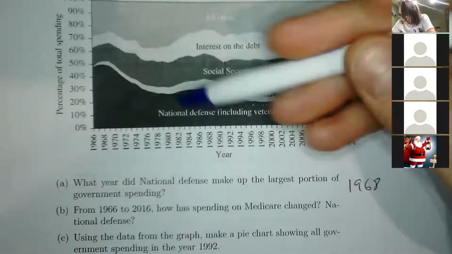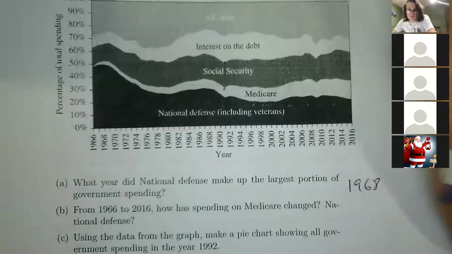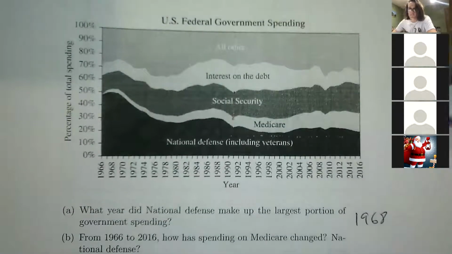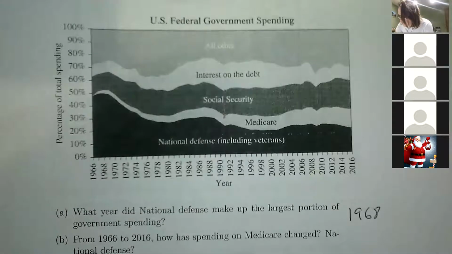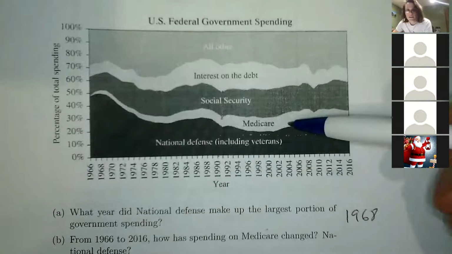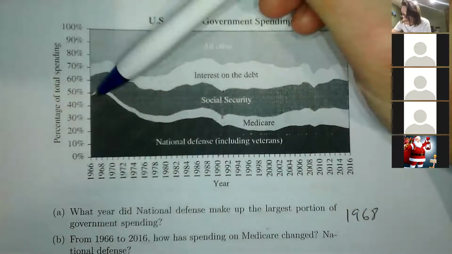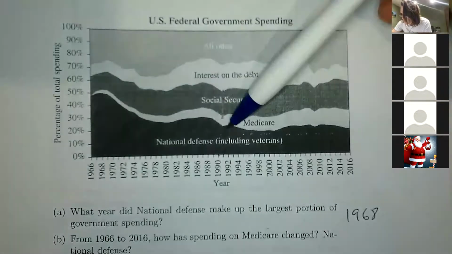From 1966 to 2016, how has Medicare spending changed? One of the purposes of these graphs is to help you visualize data over a long period of time, and more importantly, see how it varies and how it changes. That's why this question's on here. If you look at Medicare, it starts off as this little sliver, and then it kind of floops up bigger, bigger, bigger.